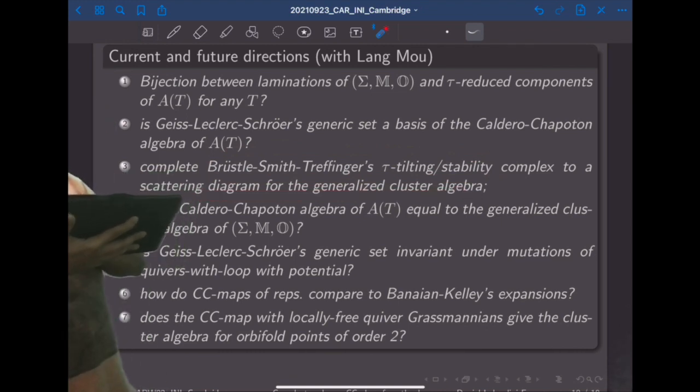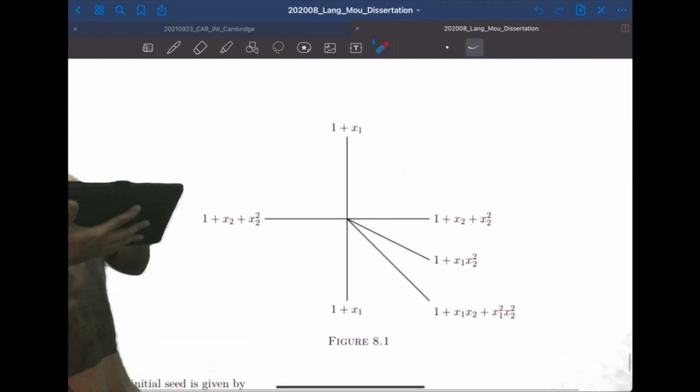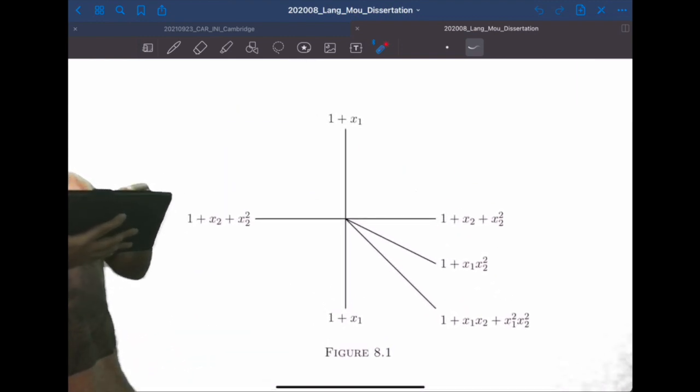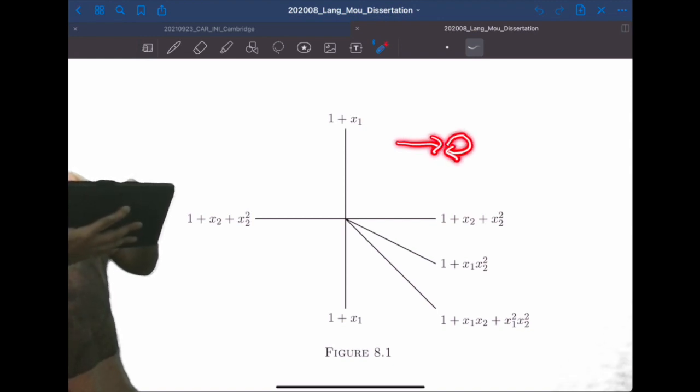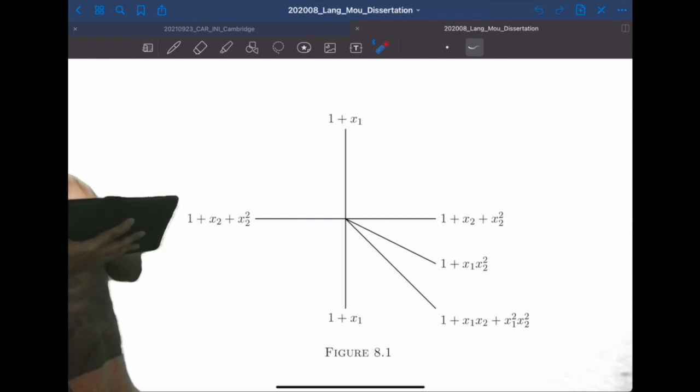And for this, let me just show you what we mean. So this would be when the quiver is just this one. And here, this would be the scattering diagram.